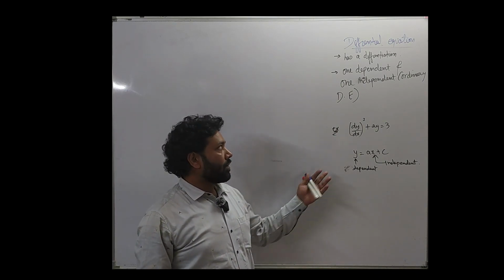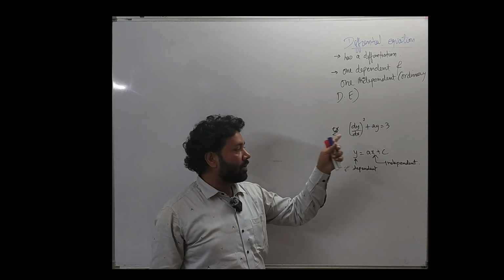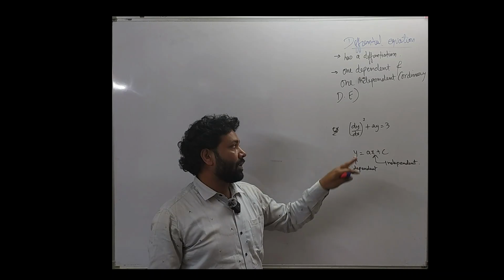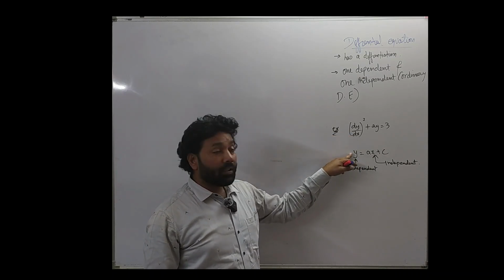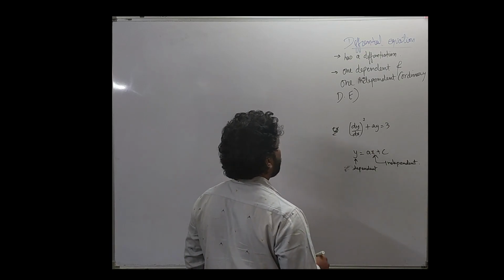Ordinary differential equations look somewhat like this. There is at least one differentiation term, right? It has one dependent and one independent variable. From here to here, how it has come, we'll go through as we discuss the chapter.